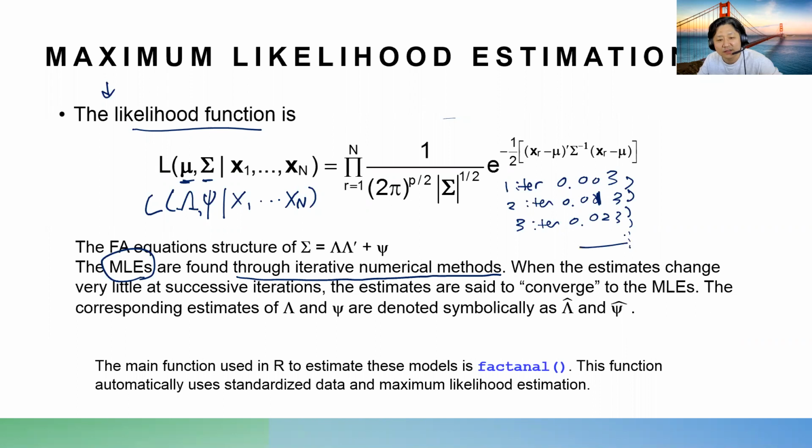And if this increase of the maximum likelihood value is insignificant, then stop. Okay, so this is an iterative numerical method.